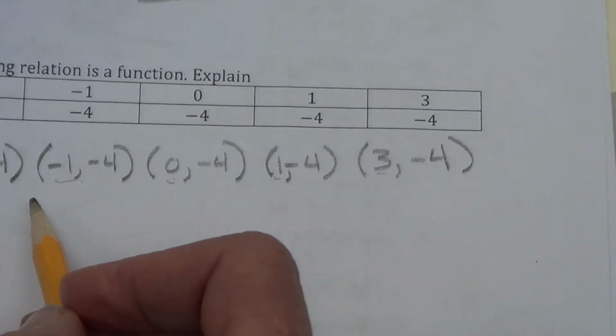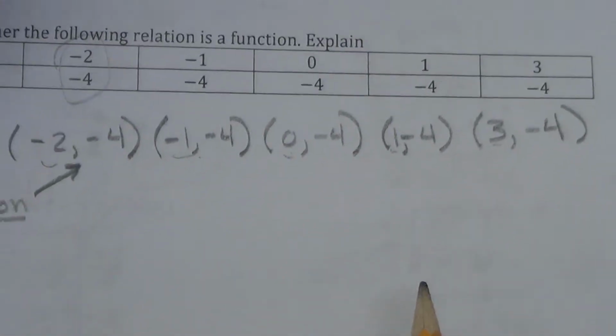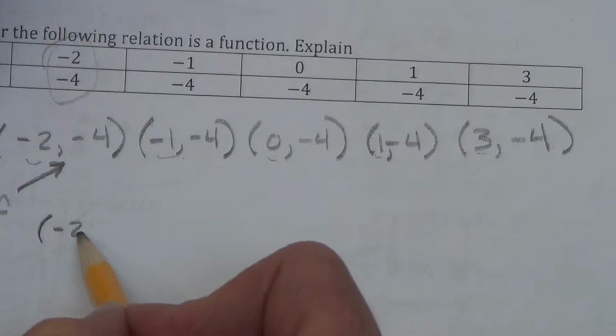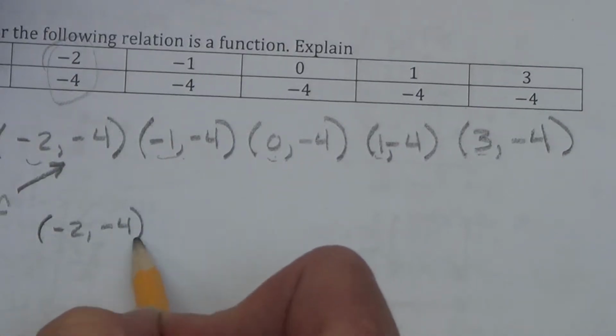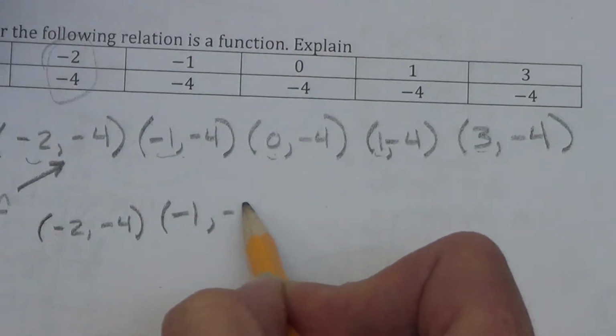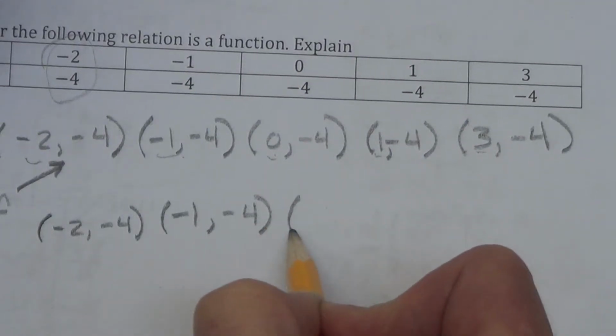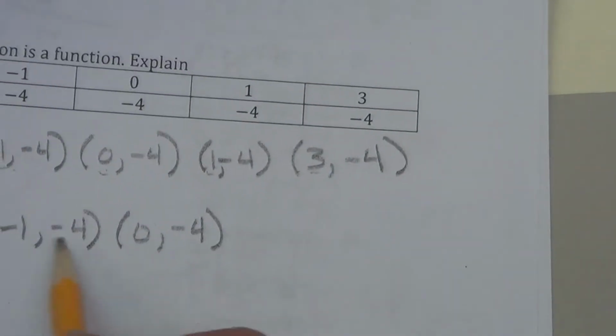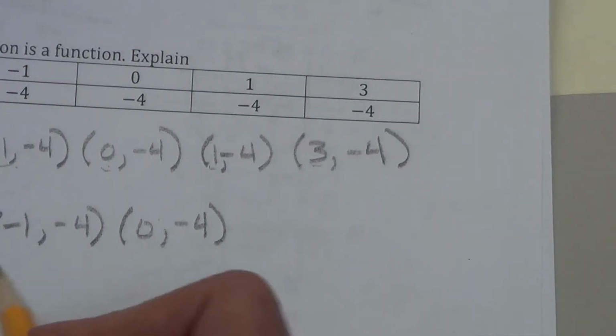Now let's say that we have something that went on that caused it to not be a function. So take that value, -2, -4, -1, -4, 0, -4. I'm getting tired of writing, so I'm just going to grab one of these and cause him to cheat.